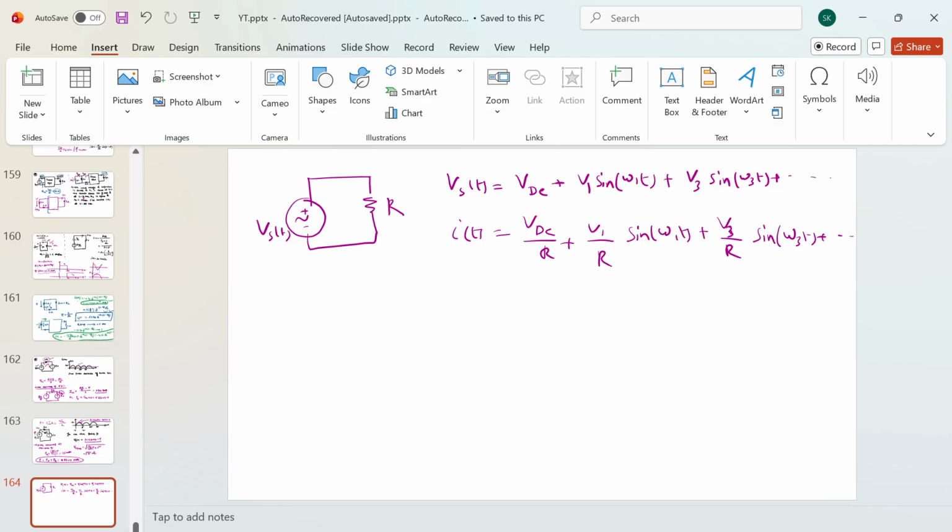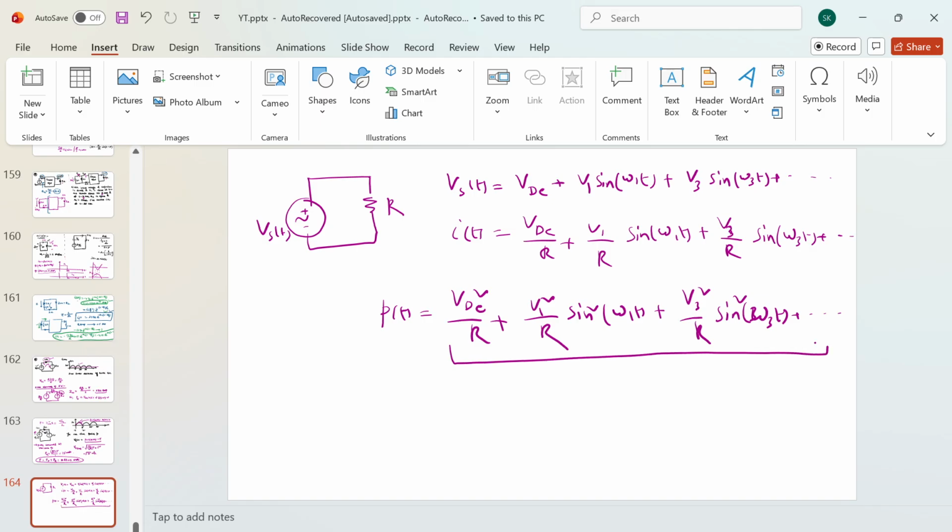What is the instantaneous power? The instantaneous power is VDC square by R plus V1 square by R sine square omega 1 t plus V3 square by R sine square omega 3 t plus so on. If you take the average over one time period, the average power will be VDC square by R plus V1 square by R plus V3 square by R, like that it will go.